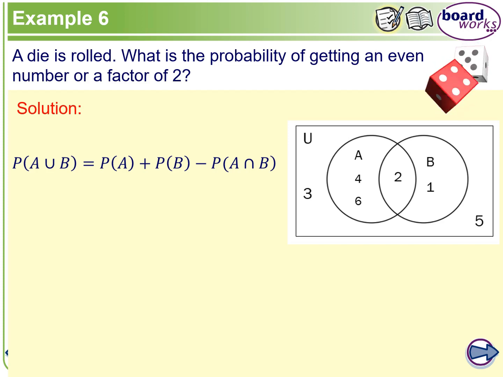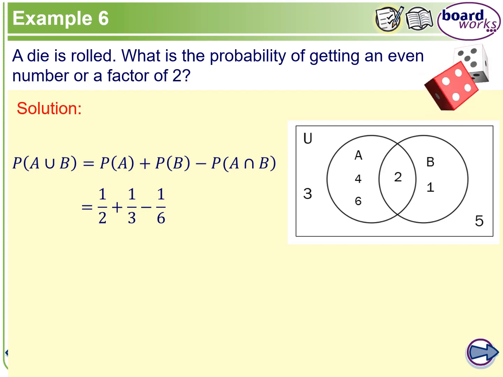So what is the probability of A, getting an even number? How many are even numbers? We have 2, 4, 6. So there are 3 over 6. What is 3 over 6? That is 1/2.